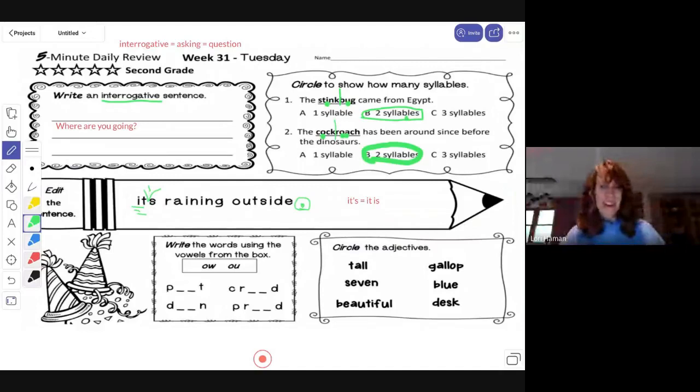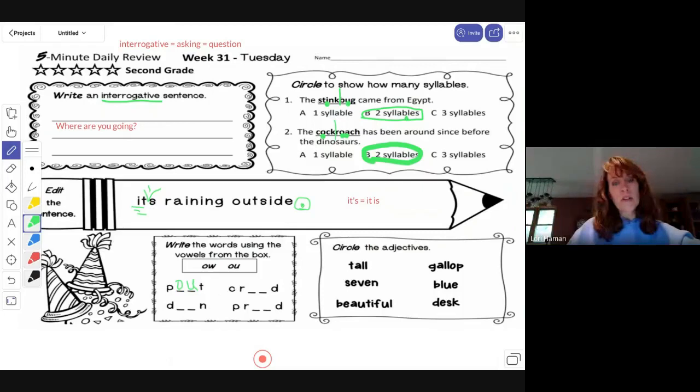All right, let's continue on with picking out the correct spelling for these words. These sounds say ow. We can choose between OW and OU. So we want to say pout. This isn't a word maybe that you write a ton, but we'll put OU.